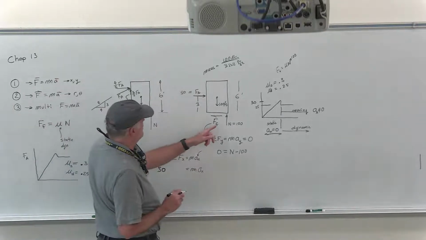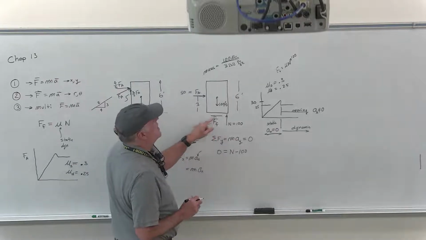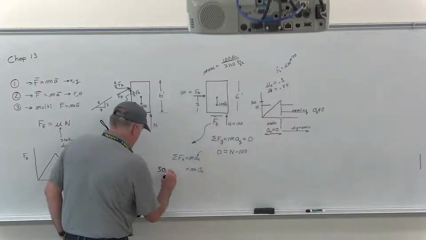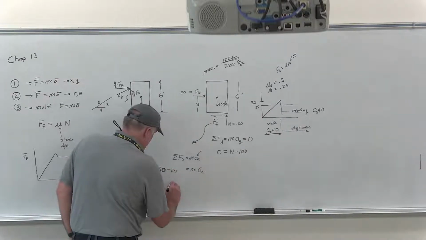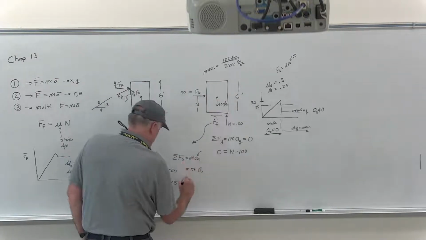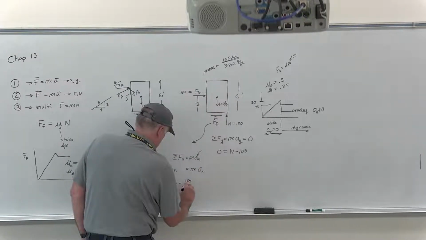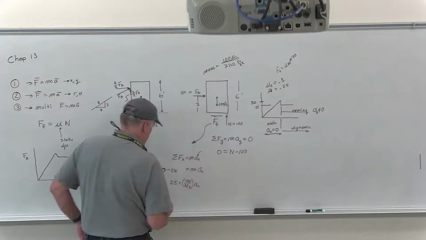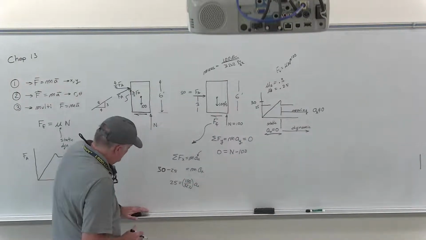And then now you've moved into the dynamics and you end up with 25. So your end result is 25 is equal to, now I can borrow that, 100 over 32.2 times acceleration x, then you just get a number.